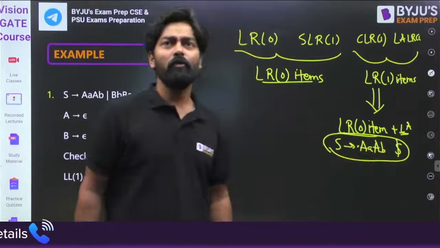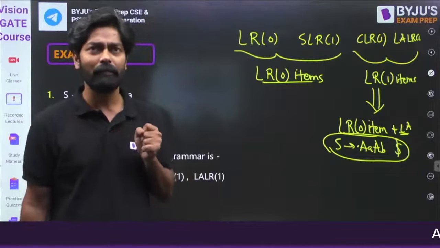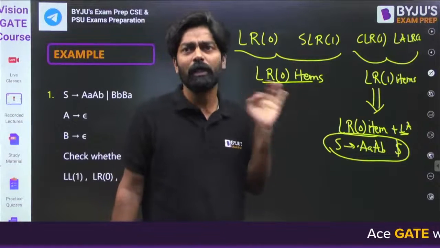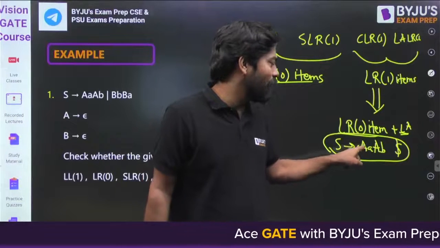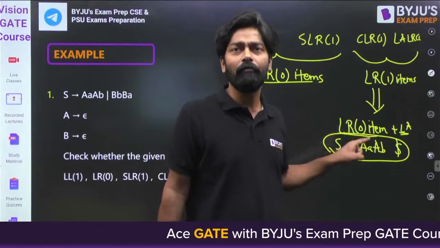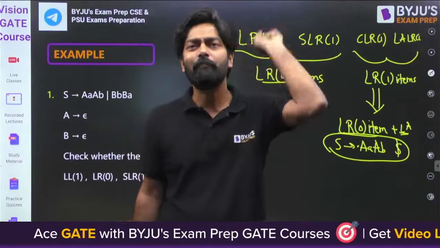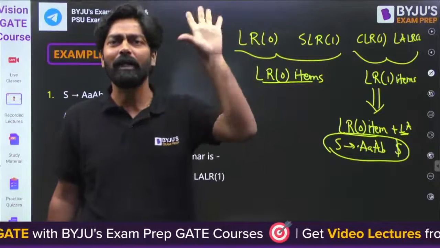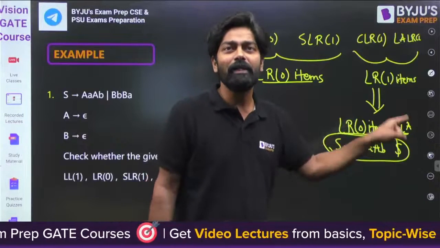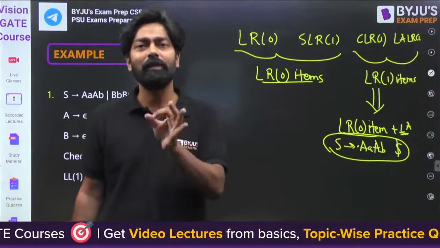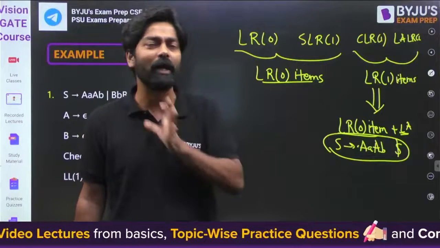And I told you very clearly, my dear friend, we have 3 types of items. We have a state item, we have a shift item, and we have a reduce item. A state item means, after the dot, if a variable is there, it is a state item. A state item does not create any problem. If after the dot a terminal is there, it means it is a shift item.